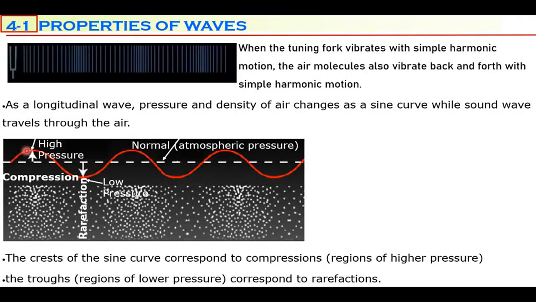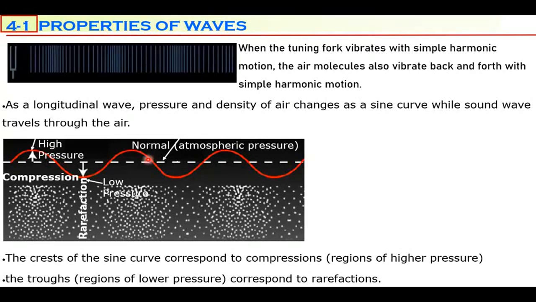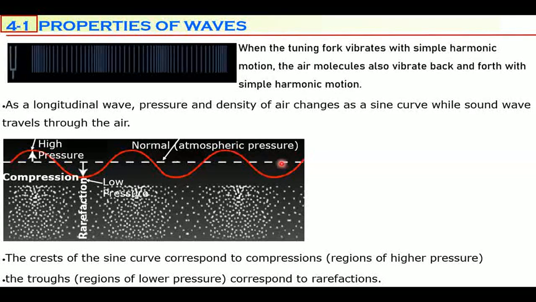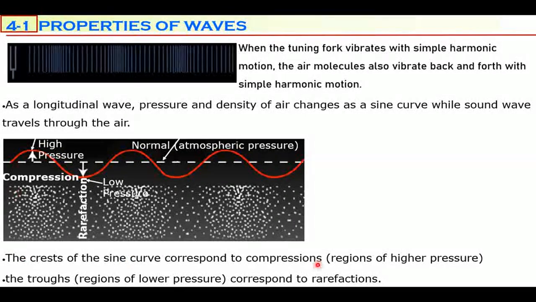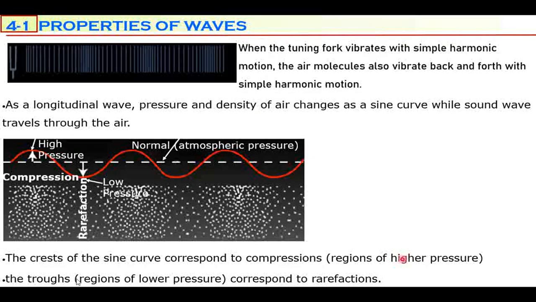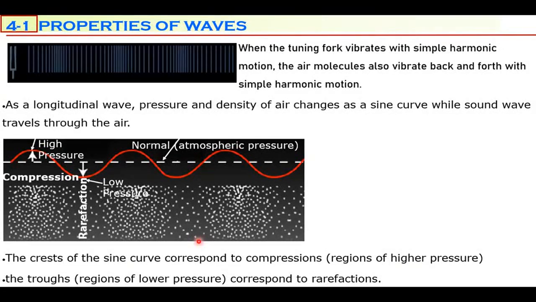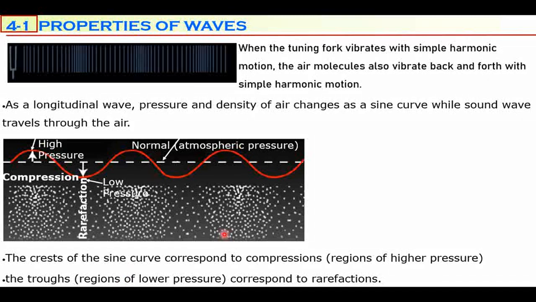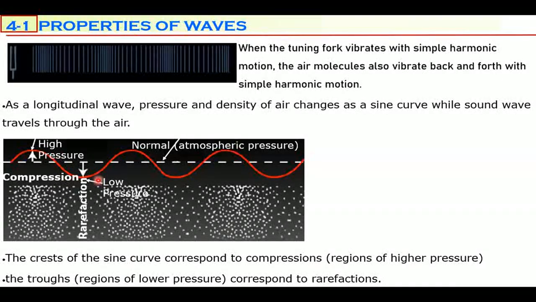Between crest and trough, there is the normal atmospheric pressure, which is the equilibrium position. So the crest of the sine curve corresponds to compression, which is a region of higher pressure. The troughs of this sine graph correspond to the rarefactions, which are the regions of lowest pressure.